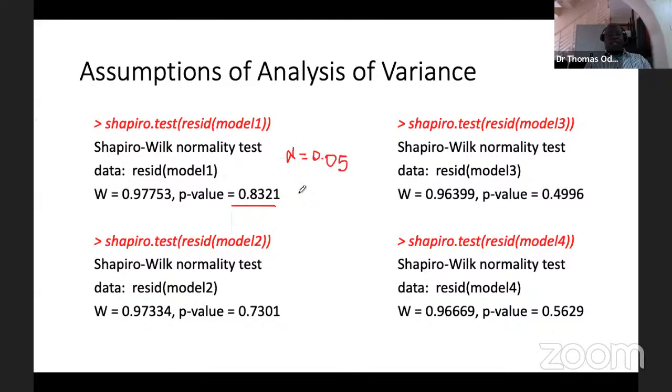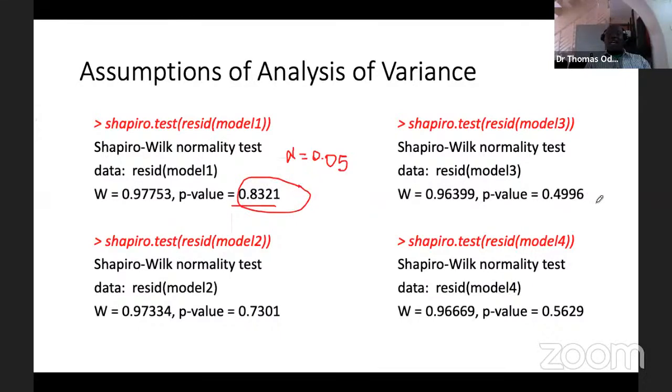The null hypothesis says that the residual is normally distributed. So here you can see we cannot reject the null hypothesis, which says that the error term is normally distributed.